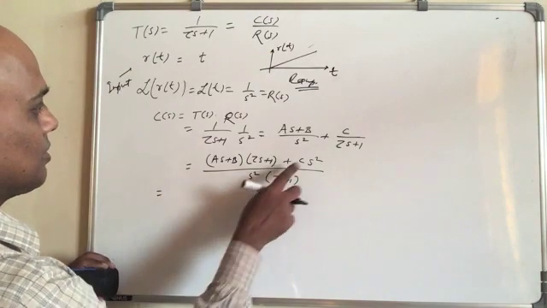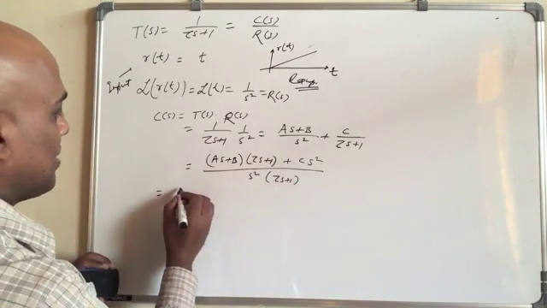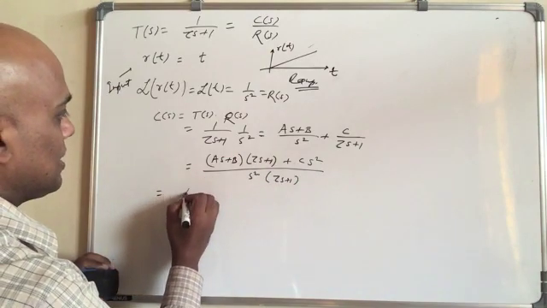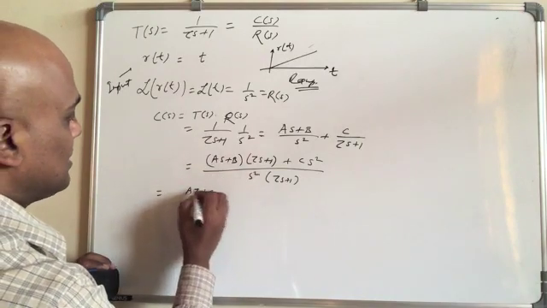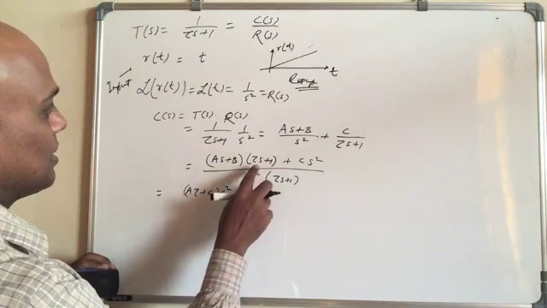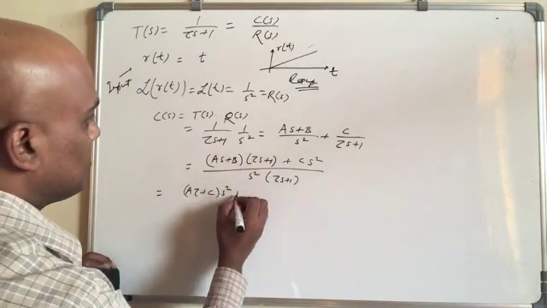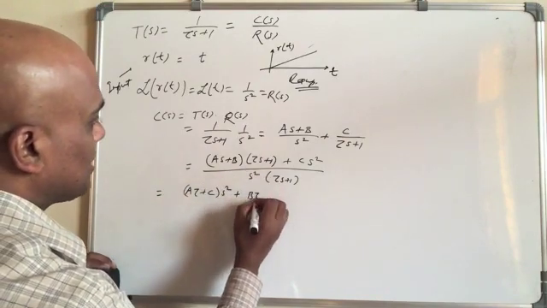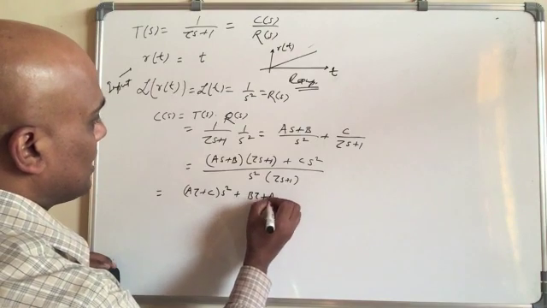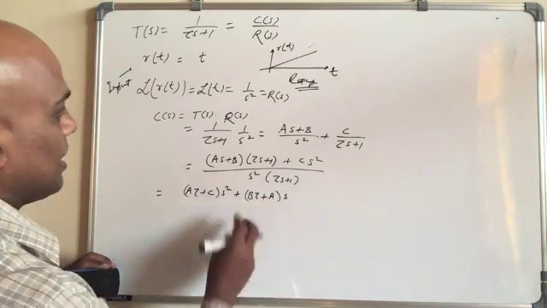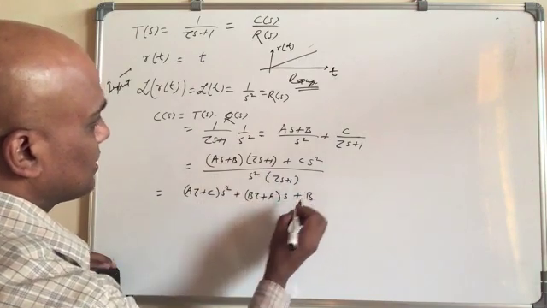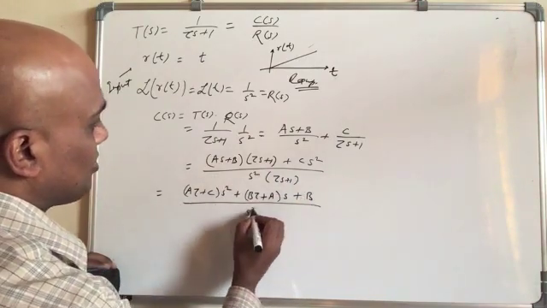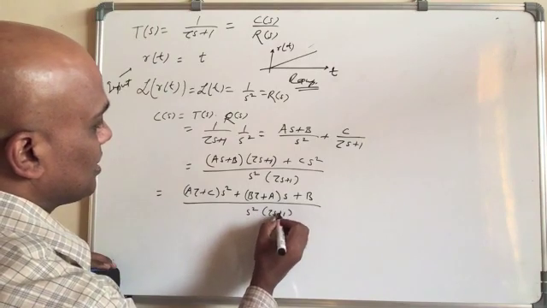The s square terms give A tau plus C, the s term gives B tau plus A, and the constant term is B, all divided by s square times tau s plus 1.